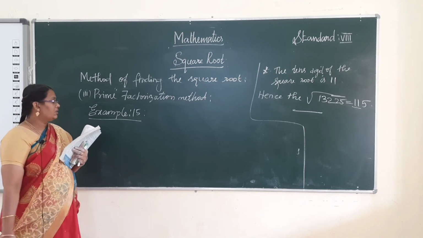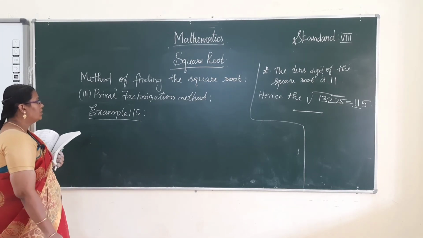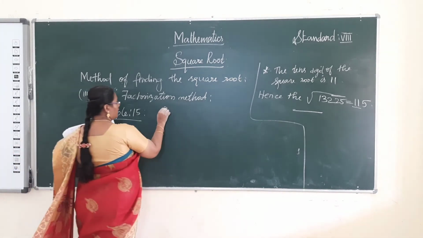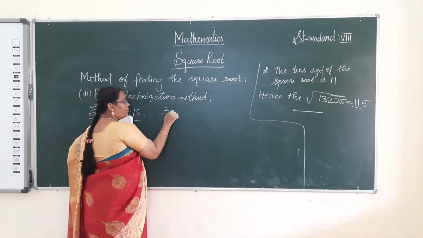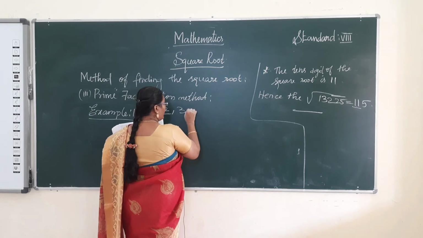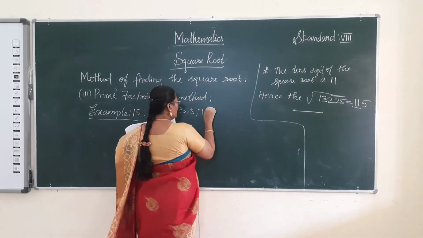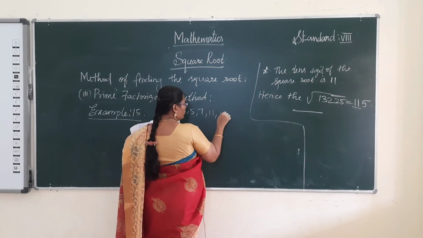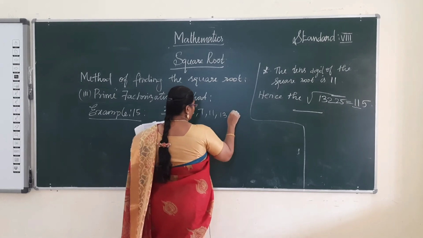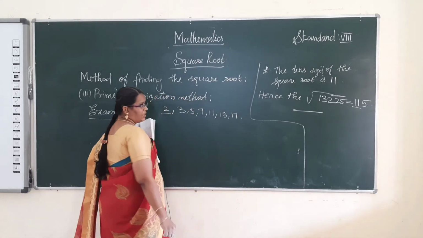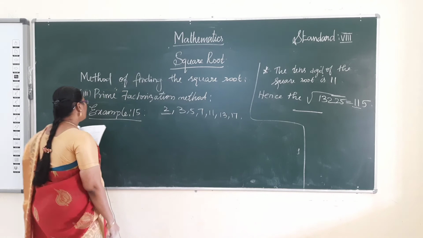That is called the prime numbers. 2 is the only even prime, and then 2, 3, 5, 7, 11, 13, and then 17, endlessly going. These are all the prime numbers.